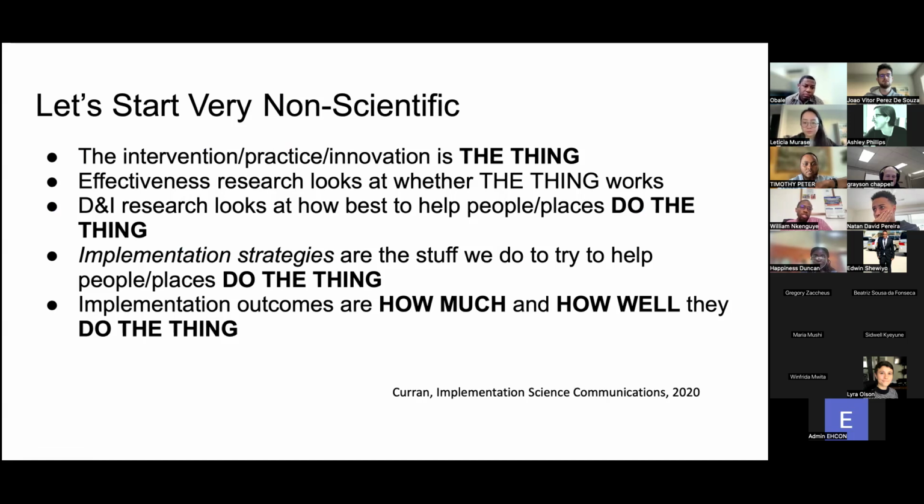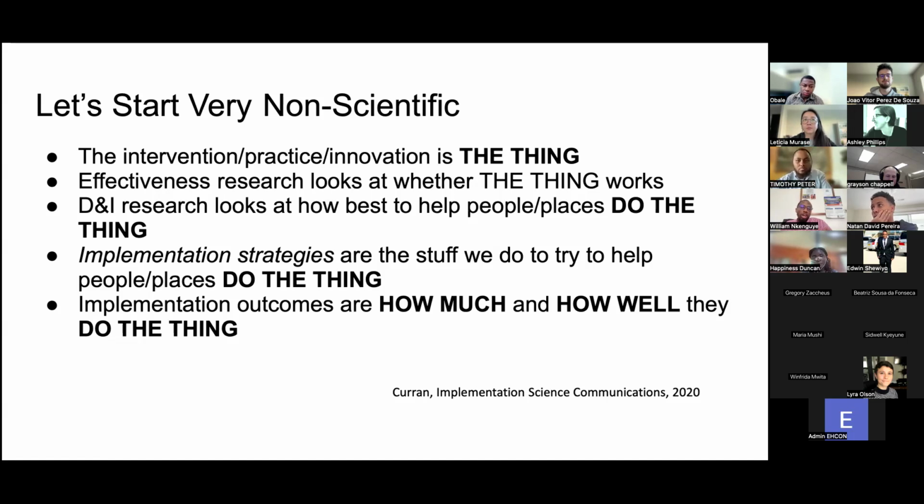Effectiveness research is going to look at whether the thing works. And then implementation research is going to look at how best to help people or places do the thing. So these are two different things.